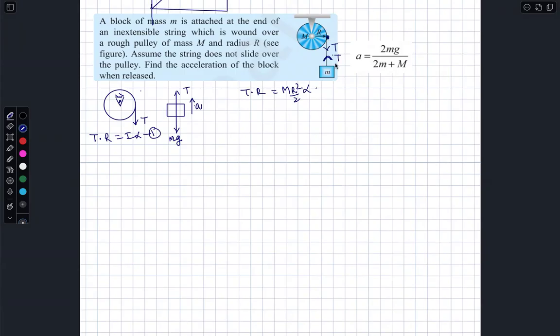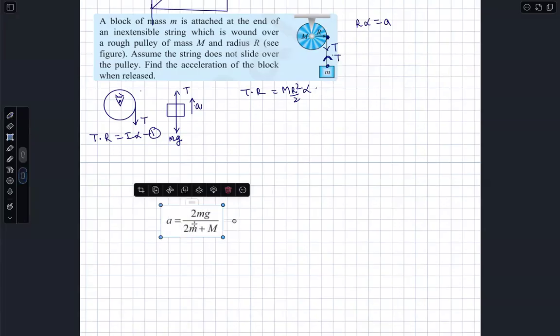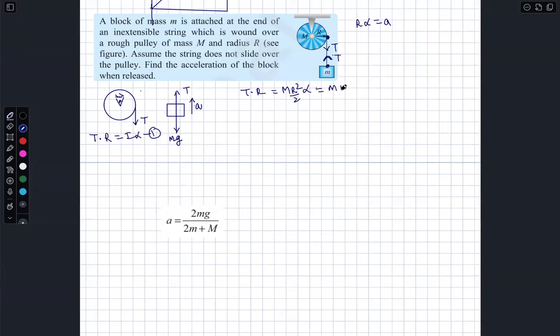Remember this end of the string and this end of the string, you can see the length between this end and this end is constant. It is possible when R alpha is the acceleration of the block. So therefore, you can write this further as MR a by 2.